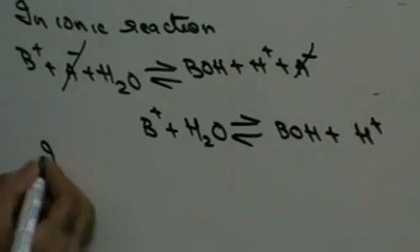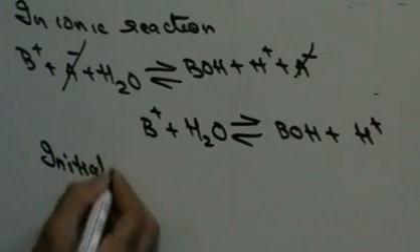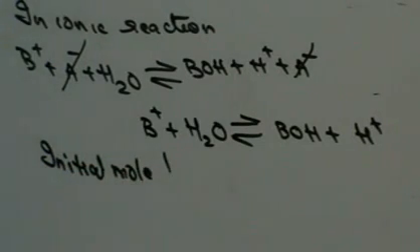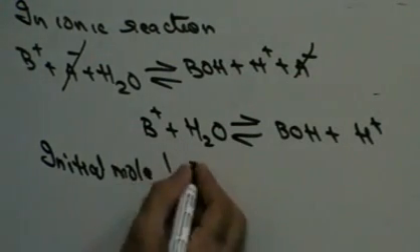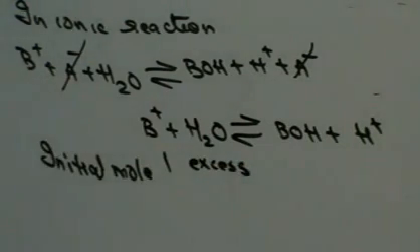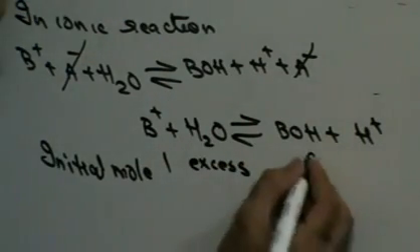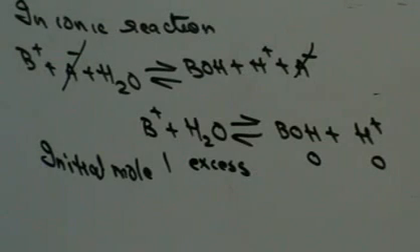Initial moles: we are considering 1 mole of BA, so the initial number of moles of B plus is 1. Water is present in excess quantity. The reaction has not started, so there is no BOH and no H plus.